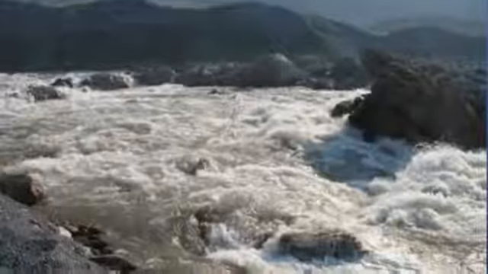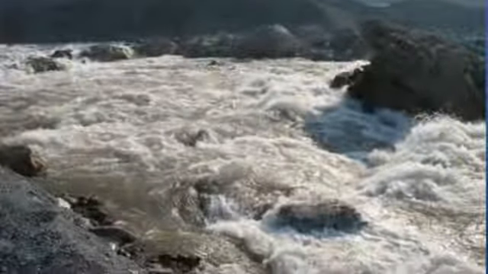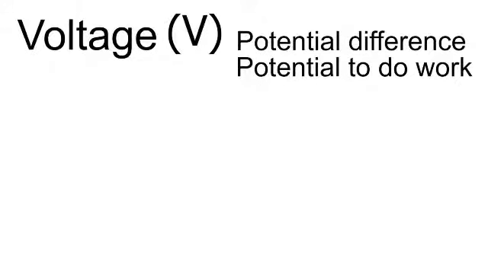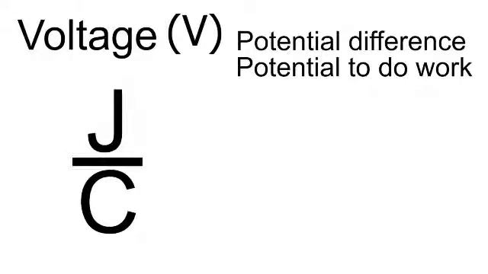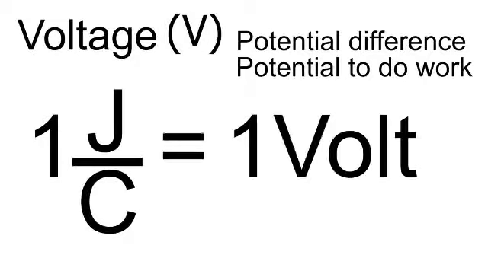So why do we use the word potential? What does that mean? The word potential refers to the potential to do work. The potential to do work is given in units of joules per coulomb. That is the energy per unit charge. But 1 joule per coulomb is given another name. It's called a volt.